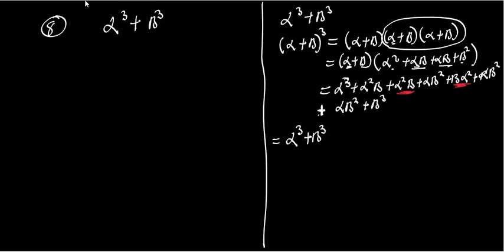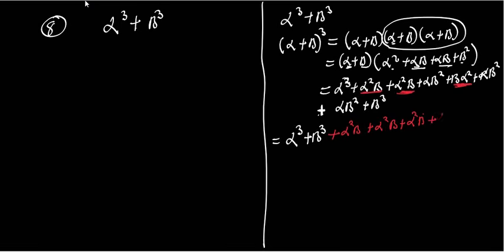Alpha squared. It is this one here. So how many alpha squared do we have? Alpha squared beta plus alpha squared beta plus alpha squared beta. There are 3. So it's 1, 2, then 3.